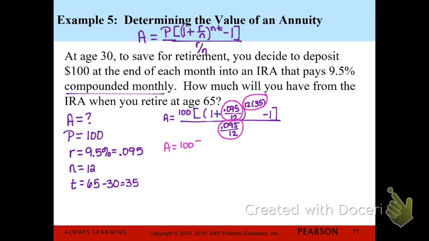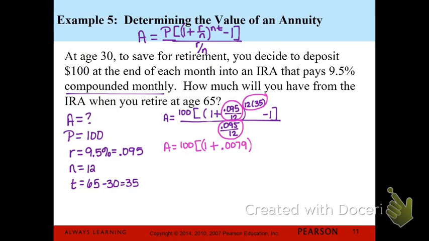So we got A equals 100 times the bracket, 1 plus 0.095 divided by 12. 0.007916. Hold on, 0.0079. I'm going to go ahead and do that.